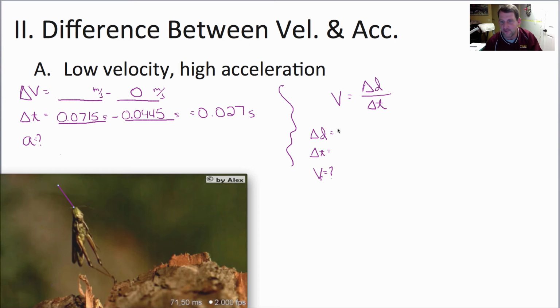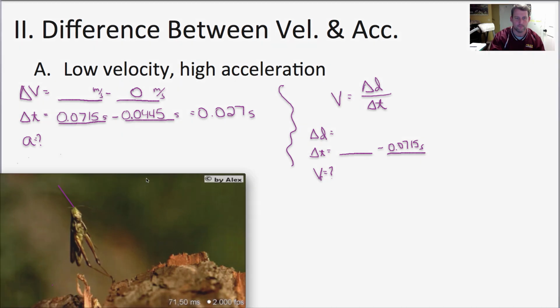That'll give our change in distance would be 1 centimeter then, and our change in time will be how much time it takes. So let's write down we have to have a final time minus a starting time. And our starting time here is our 0.0715 seconds. And we'll find our ending time. So I'll play it forward until we get there. So that's when our grasshopper took till that time to get him over.